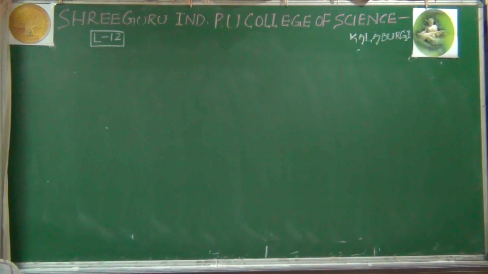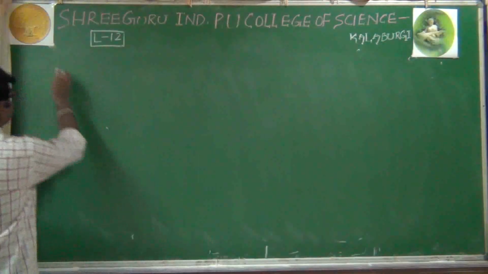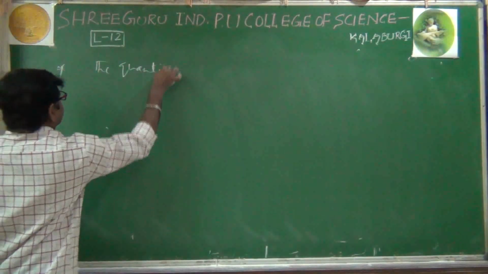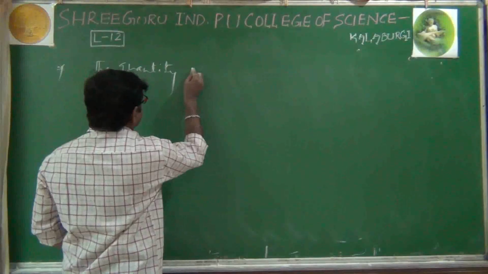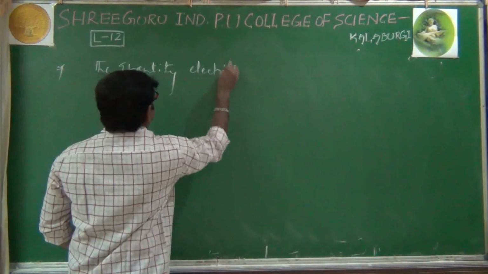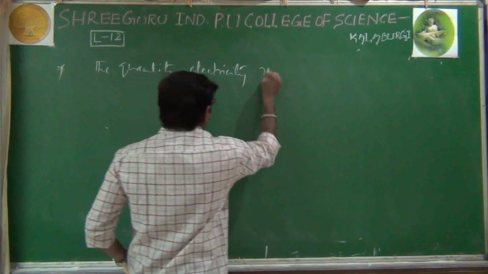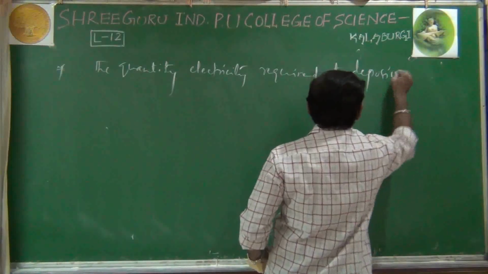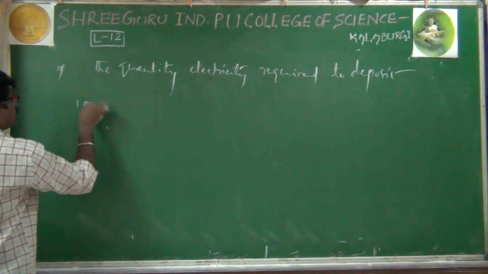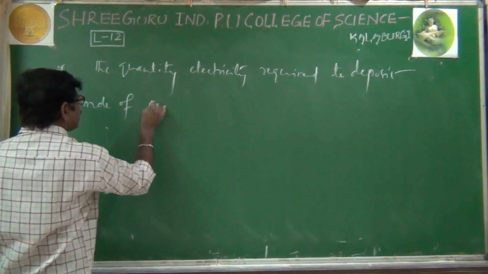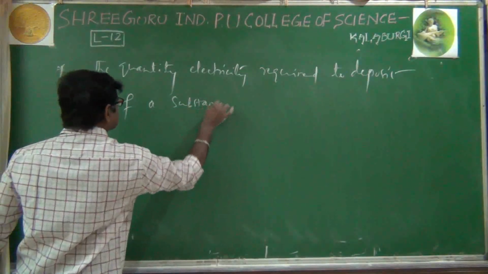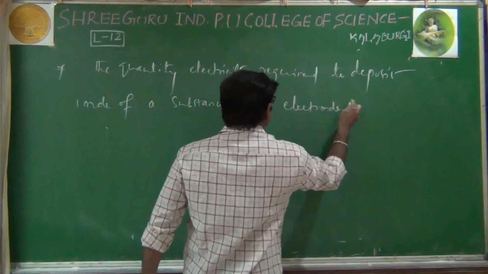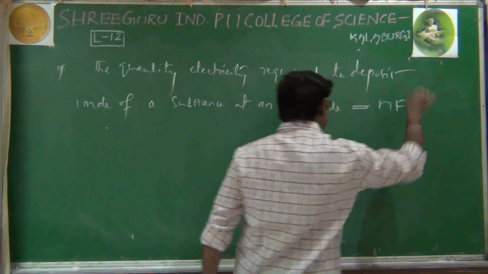Next, the important point is the quantity of electricity required to deposit 1 mole of a substance at an electrode is equal to nF, that is the formula.